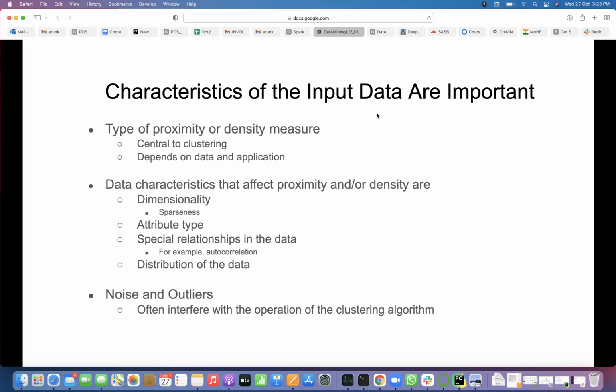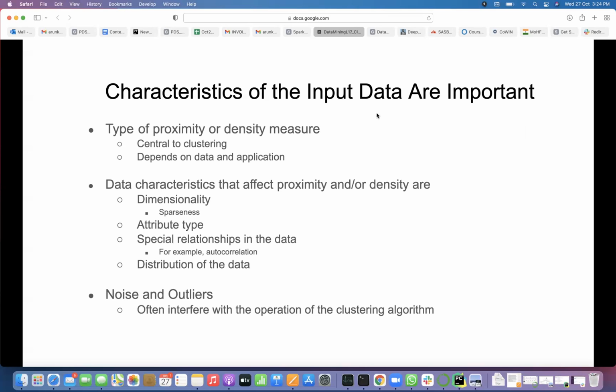In graphs, sparse means not many edges are there between nodes. If any pair of nodes has an edge, then it is fully dense. If many pairs have no edges, then it is sparse. So sparseness is also one of the things which will influence the proximity.